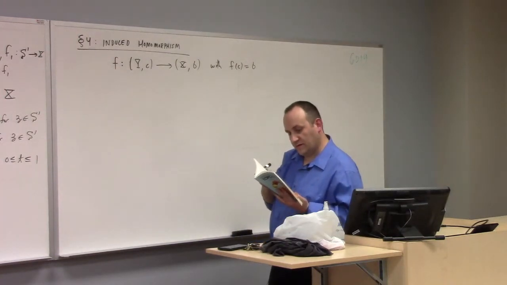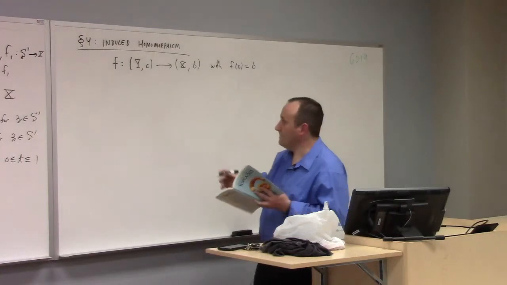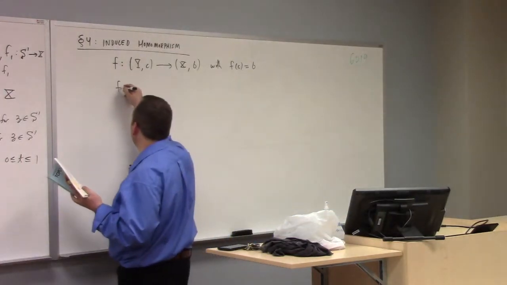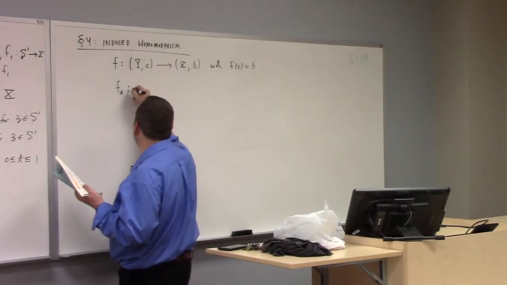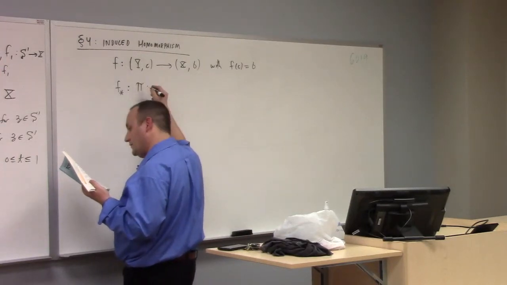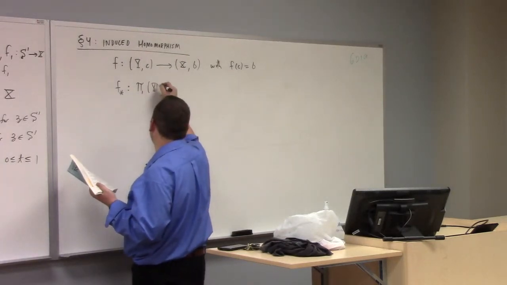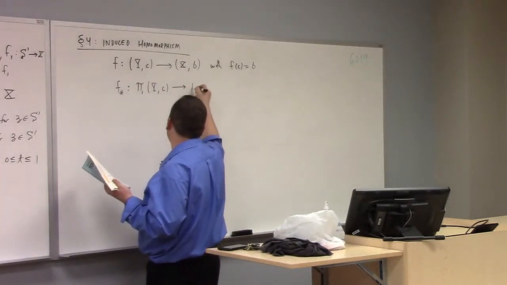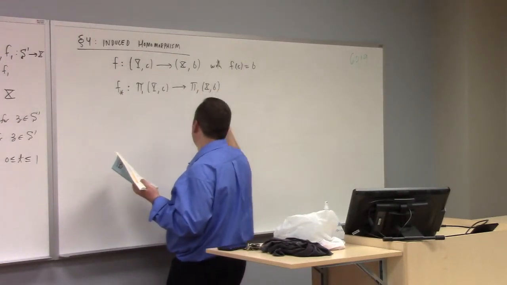Then what we want to show is that this map induces a homomorphism f star from the fundamental group of Y based at c to the fundamental group of X based at b.